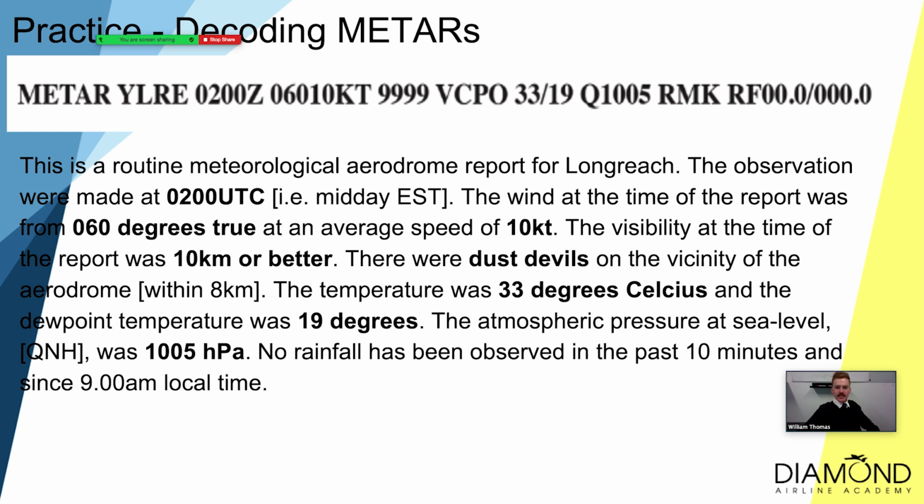There were dust devils in the vicinity of the aerodrome within 8 kilometers. The temperature was 33 degrees Celsius and the dew point temperature was 19 degrees Celsius. The atmospheric pressure at sea level was 1005 hectopascals. No rainfall has been observed in the past 10 minutes and since 9 a.m. local time.